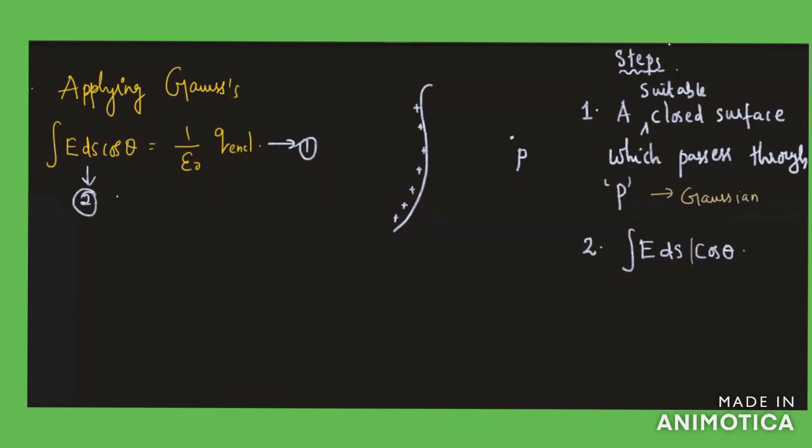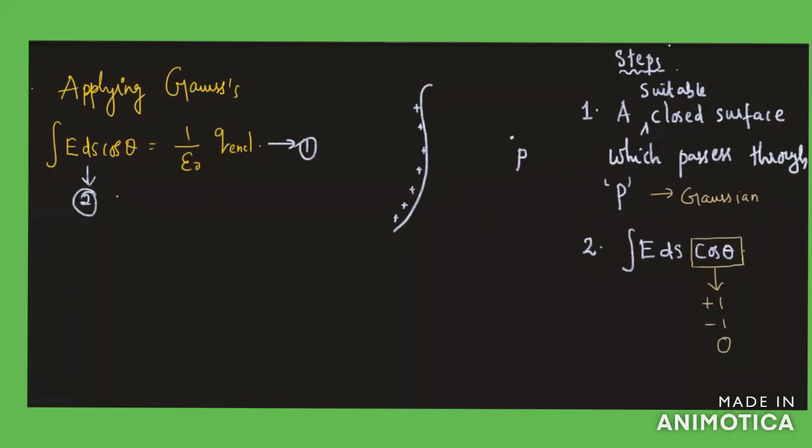While choosing this suitable Gaussian surface to apply Gauss theorem, we need to consider a few points. First one, it is not a must condition actually, but it is better, in order to make the mathematics easy, to select a surface on which at every point the value of cos theta is either +1 or -1 or 0.